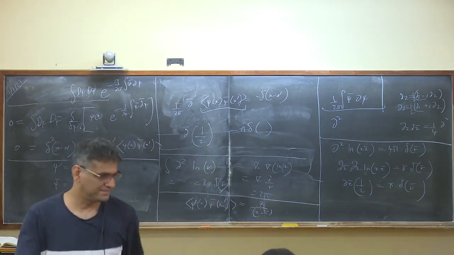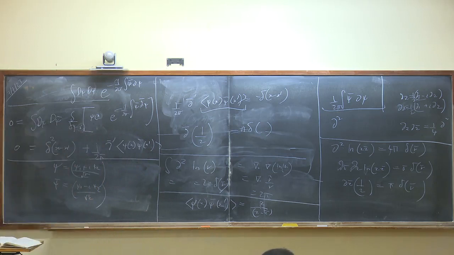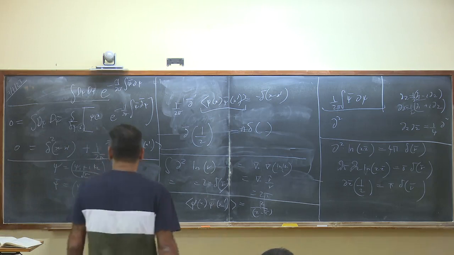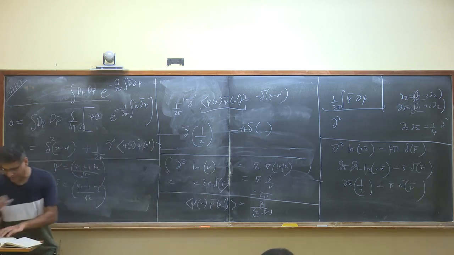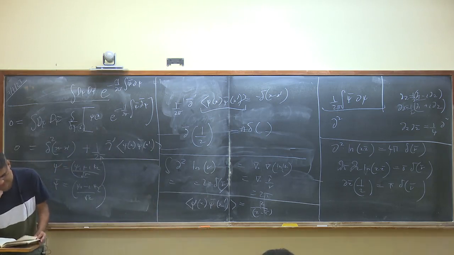This is what I'm getting. Do you agree? Polchinski has 1 over z minus z bar, so we've messed up with a factor of 2 somewhere.